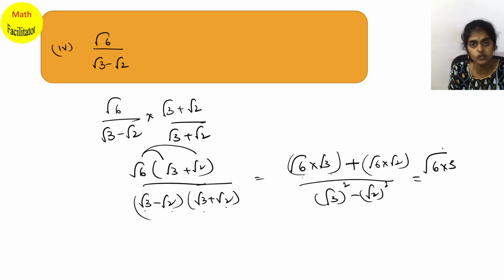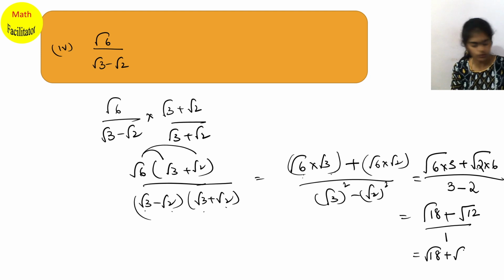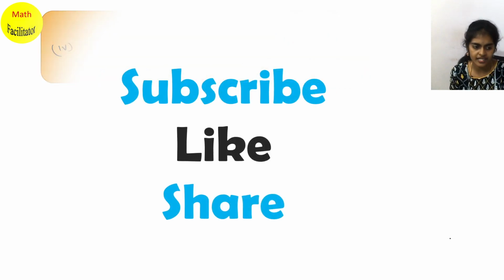Root 6 into root 3 is root over 6 into 3, plus root over 6 into 2, or 2 into 6, both are same, divided by root 3 whole square is 3, minus root 2 whole square is 2. So this is root 18, 6 3s are 18, plus 6 2s are 12, divided by 3 minus 2, which is 1. Or simply I can write it as root 18 plus root 12. So the denominator is rationalized. It is a rational number now.